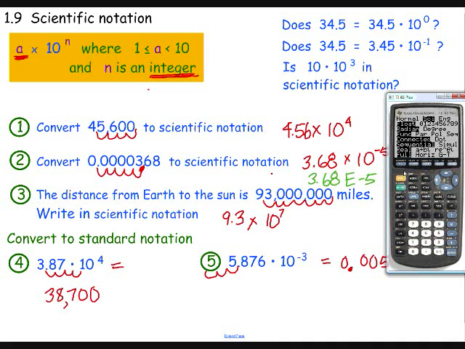Okay, now I'll go back. Quit. And hit enter. And it will put it into scientific notation, which is 9.3, my E standing for multiplied by 10 to the power of 7.